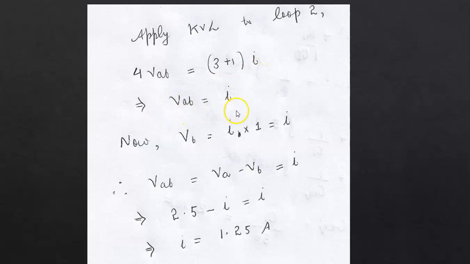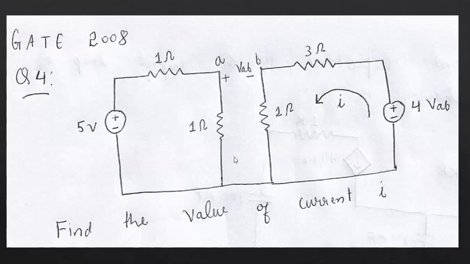So VAB will be equal to I. Now the voltage at point B will be equal to I into R. Now the current is I only, as given in the question, and the resistance is 1. So VB will be equal to I.